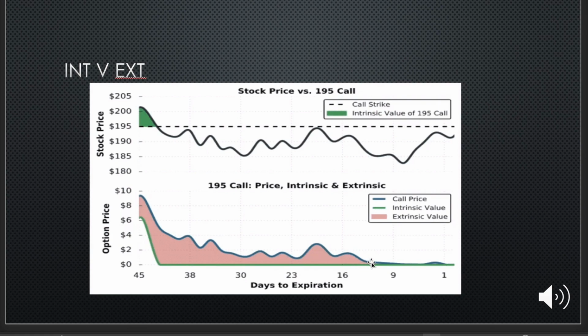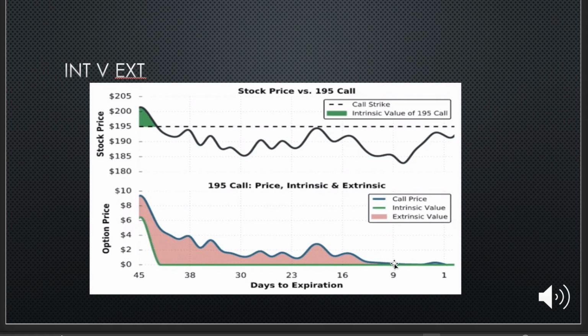After a certain point, and this is one of the more important points that you want to drive home with this intrinsic extrinsic value concept, even though we have maybe 13 or 14 days left, there's so little time. 13 days is so little for the stock to actually do something so as to recover back above the 195 strike, that there's basically no hope left that this is going to come back.